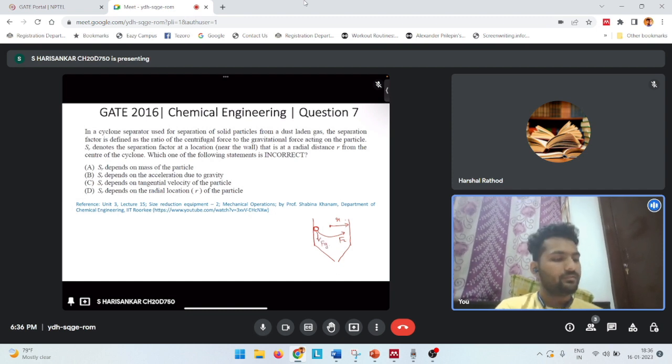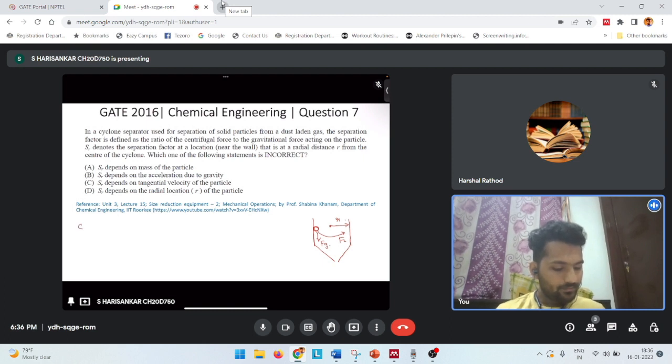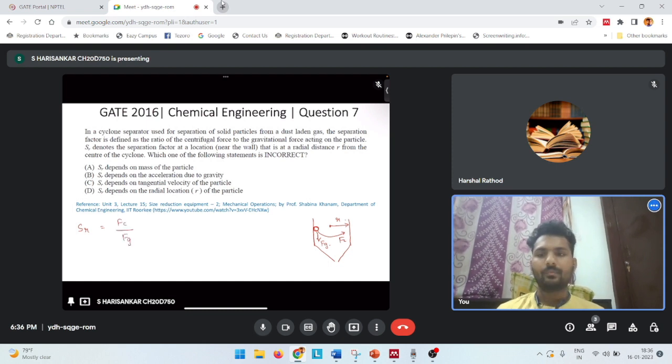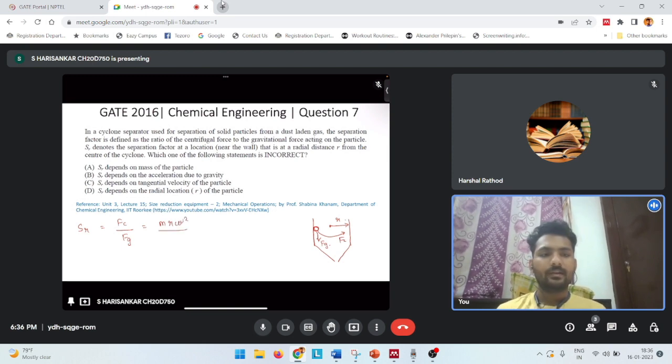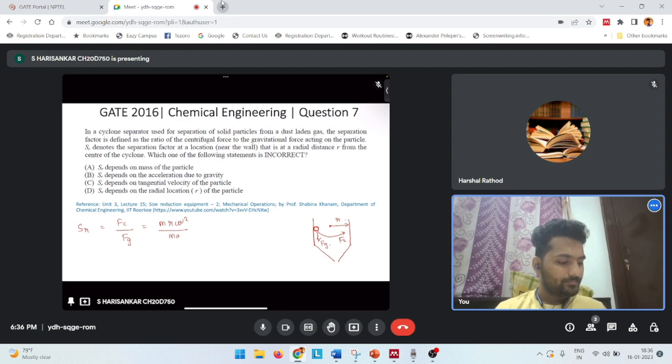And by definition, the separation factor Sr is given as the ratio of the centrifugal force to that of gravitational force, and that means Sr will be Fc by Fg. Now the centrifugal force can be defined as m r omega square, and the gravitational force can be represented as m g.